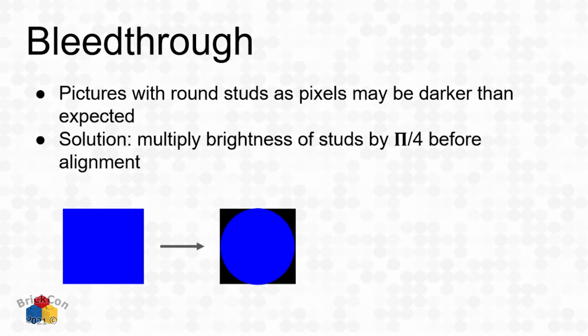If you remember geometry, you have a circle within a square, and the proportion of the circle within the square is pi by 4, right? So you need to multiply the brightness by pi by 4 because everything else is just completely black. Okay, right? So that's one complication dealt with.